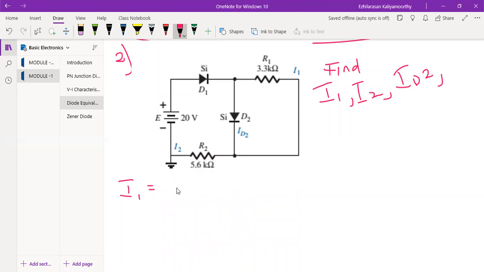I1 is 0.212 milliampere. Then I2 is equal to 3.32 milliampere.